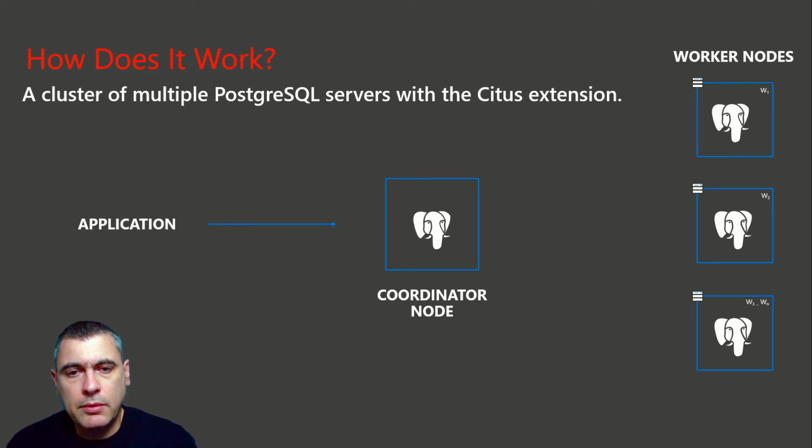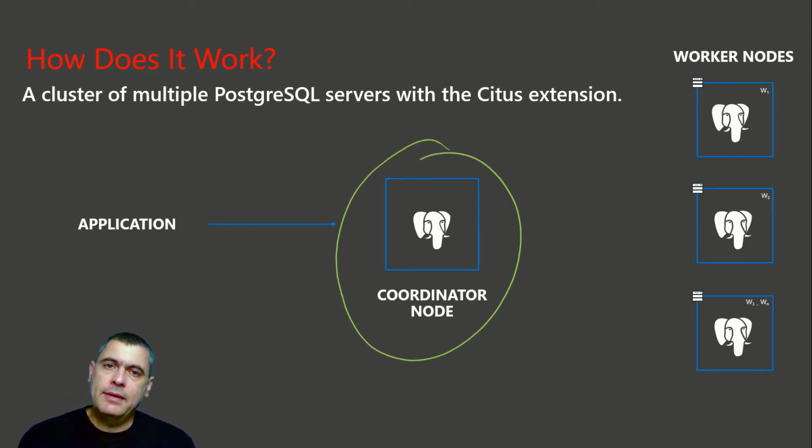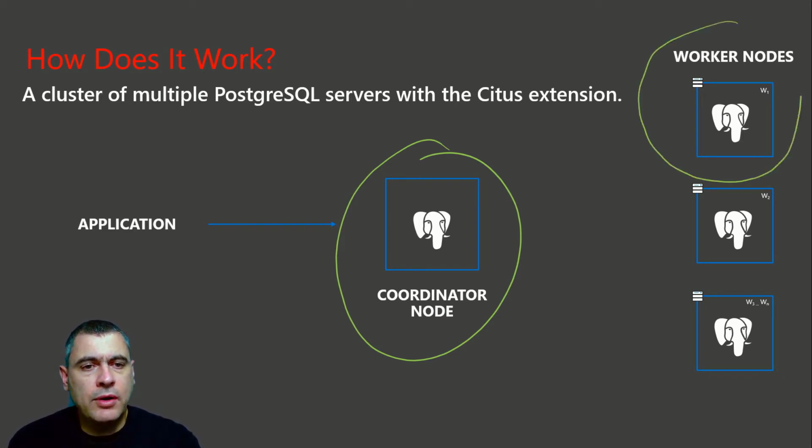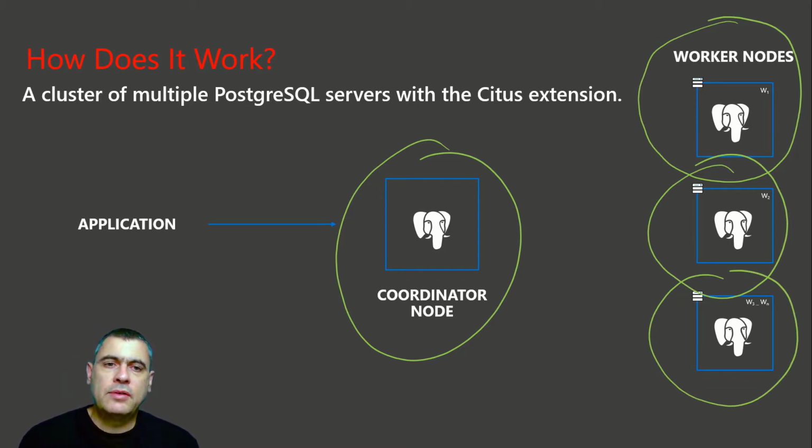The coordinator role here is a dedicated instance of Postgres that is the interface between the client applications and the worker nodes that really process the data. We have a set of worker nodes, which are instances that form the cluster to which we're going to distribute the data and distribute the query.